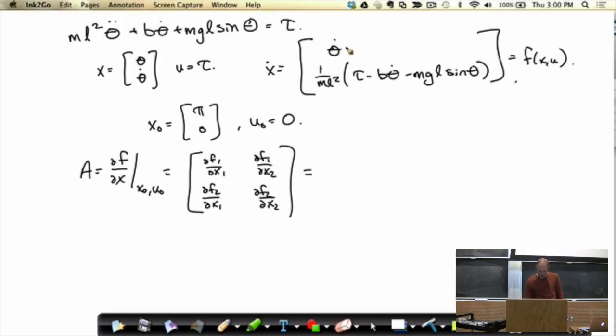f1 is this. Partial of this with respect to theta is 0. Partial of this with respect to theta dot is 1. Now this one, take the partial derivative with respect to theta: the m and the l cancel, and I get negative g over l cos theta. And this one is negative b over ml squared.